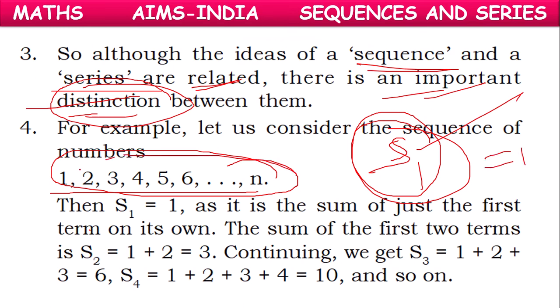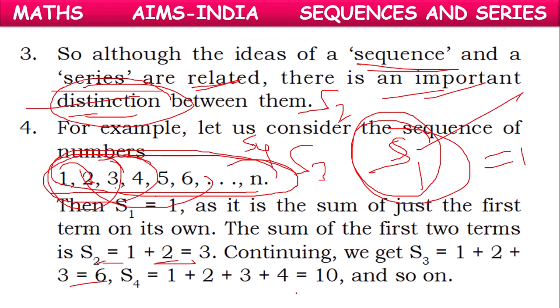Whereas from the same sequence, if they ask us to find S2, the sum of two terms, 1 plus 2, the S2 value is 3. If they ask us to find S3, the sum of three terms, 1 plus 2 plus 3, how much? 6. If they ask us to find S4, the sum of four terms, 1 plus 2 plus 3 plus 4, how much? 10. Like this, we can calculate the sum up to different numbers and we can name it with separate designation, separate notation.